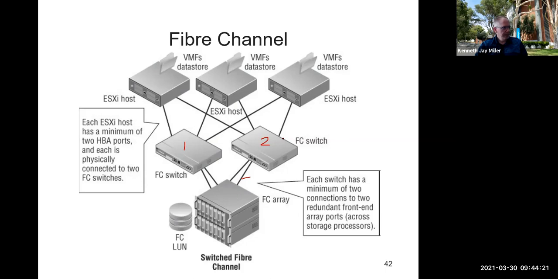All right, so each ESXi host has a minimum of 2 Fibre Channel HBA ports, and each is physically connected to the 2 switches. So if this cable breaks, we're good to go, right? We can still get from here to the array. If this switch goes down, we're okay because we can still go to this switch to the array.